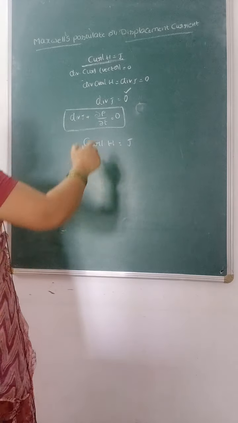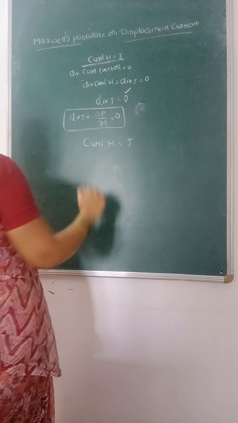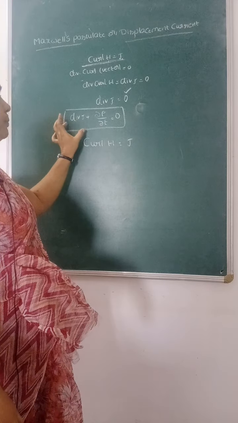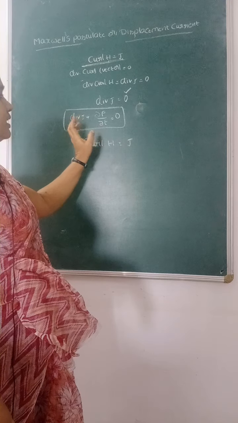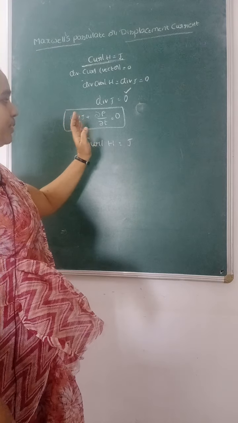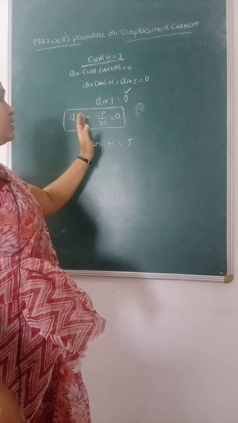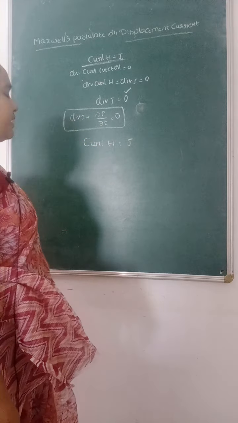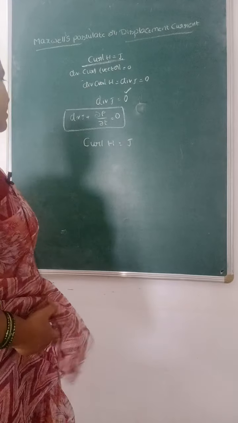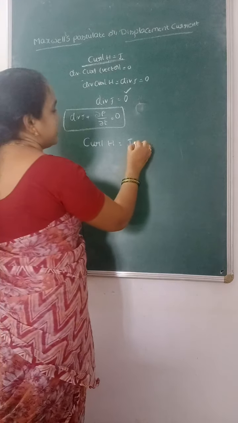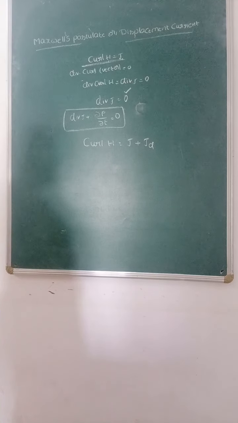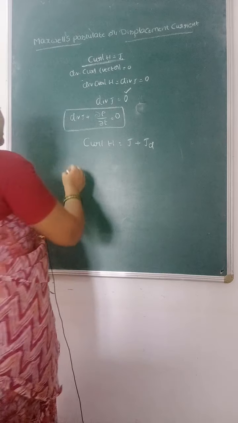Since divergence of J is not equal to 0, there is some other term to be added such that the divergence becomes 0. So there is some extra term. This equation will be modified as curl of H is equal to J plus JD. So we have added another term called the current density corresponding to displacement.